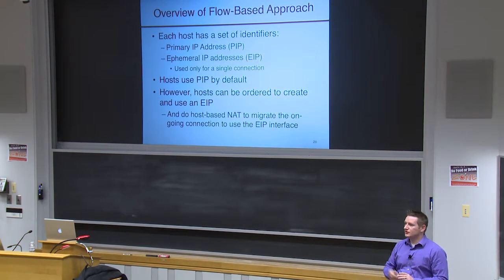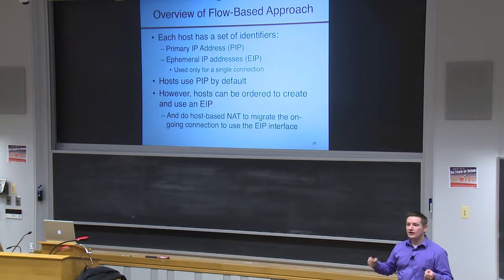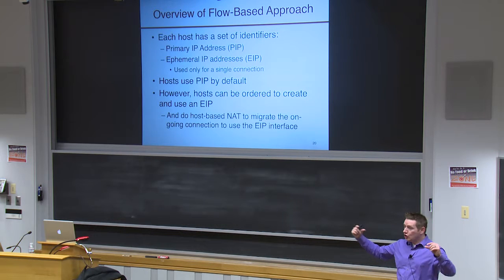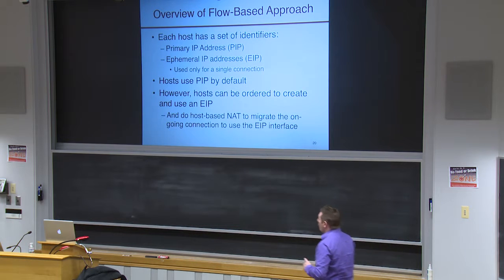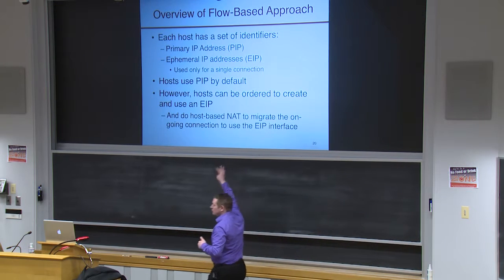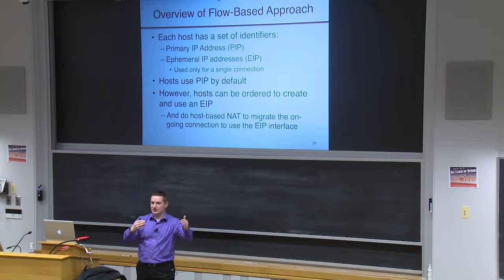Whenever that host wants to talk to another host, and the controller says this is okay, what it's going to do is create a new IP address for that host, tell it to configure itself, and give a matching IP address to the other host it wants to talk to and says, the two of you can now talk directly, and here is a route that will let you do so. ARP for each other. Go ahead and send network packets. What's really nice about this is you can also do network address translation to stitch these things together and move traffic from the persistent IP address over to the ephemeral IP address as you need.